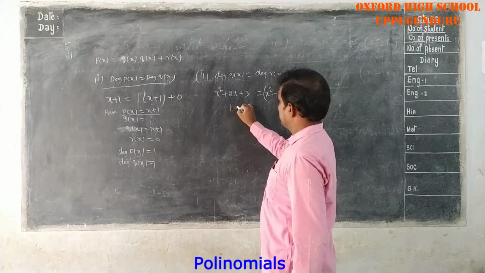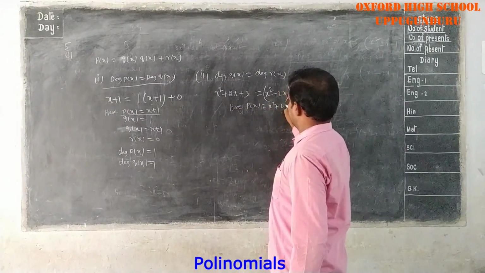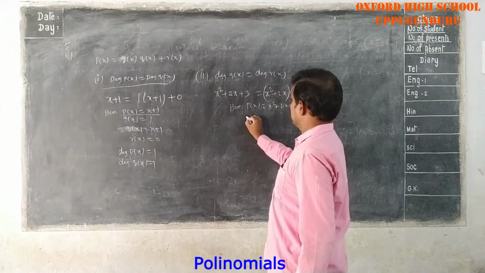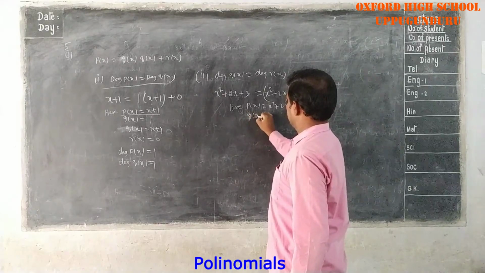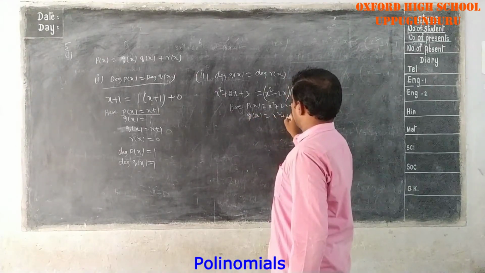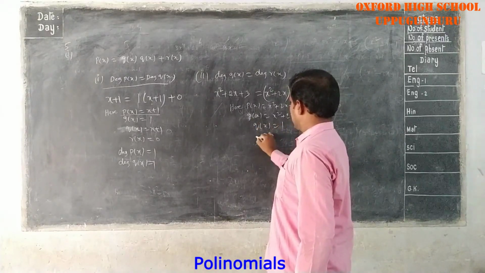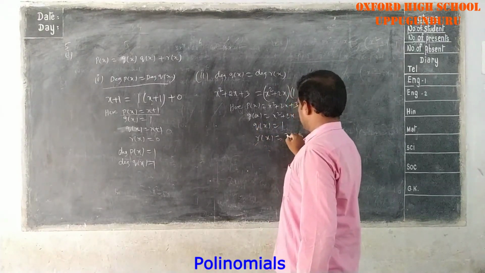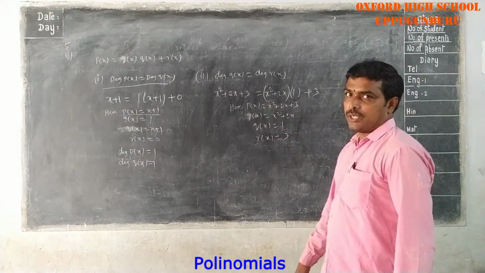Here, p of x equal to x square plus 2x plus 3. g of x equal to x square plus 2x. q of x equal to 1. r of x equal to 3. So in this, which condition you have to check?